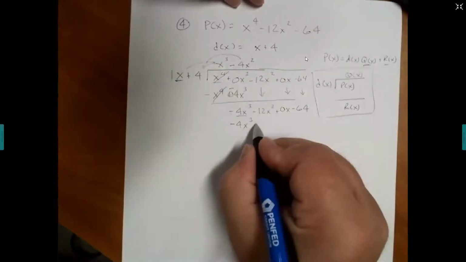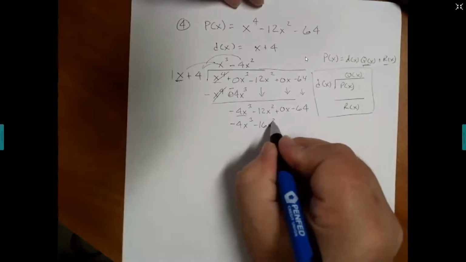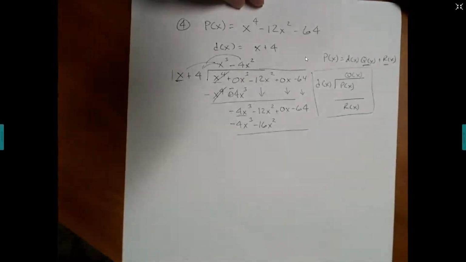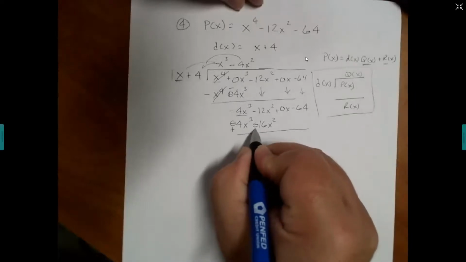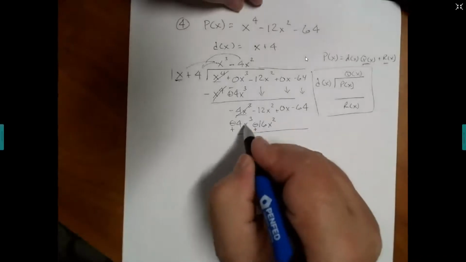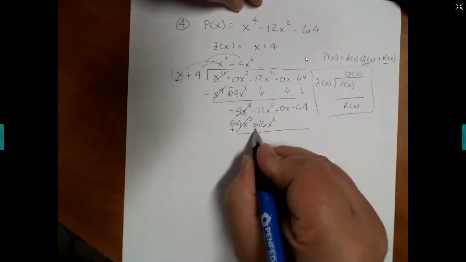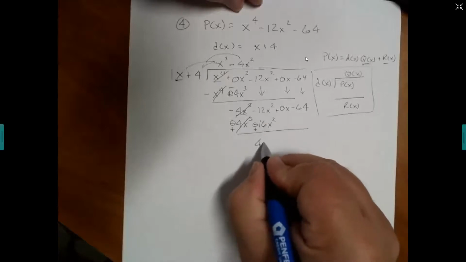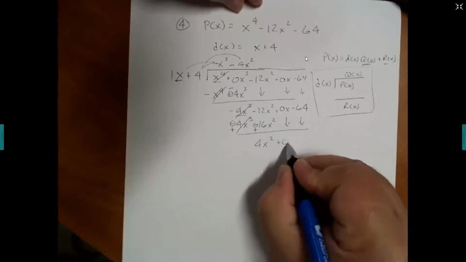Negative 4 times 4 is negative 16 times x squared. Change the signs and add. 16 minus, since 16 is bigger, the answer would be positive. 16 minus 12 is 4 x squared, and bring down everything else.